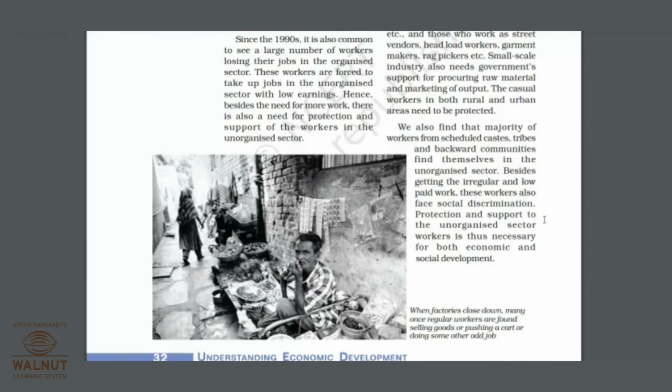We also find that the majority of workers from scheduled castes, tribes, and backward communities find themselves in the unorganized sector. Besides getting irregular and low paid work, these workers also face social discrimination. Protection and support to the unorganized sector workers is thus necessary for both economic and social development.